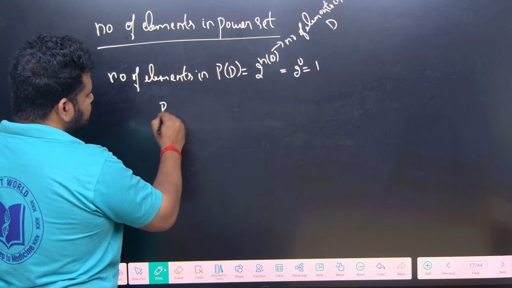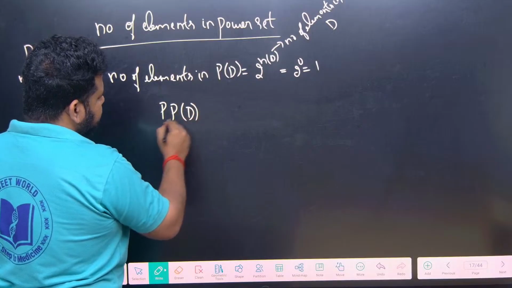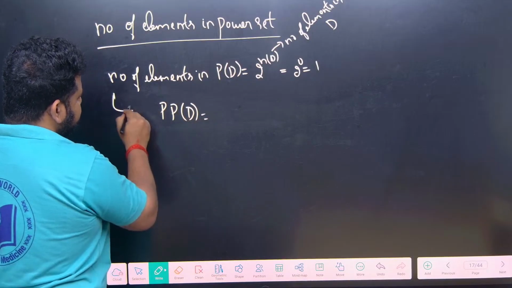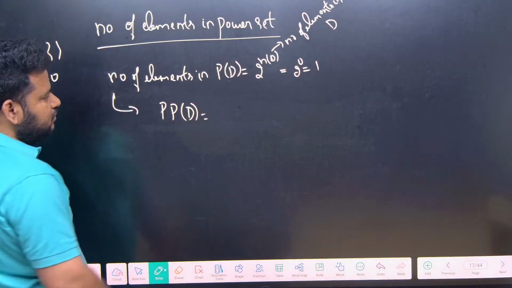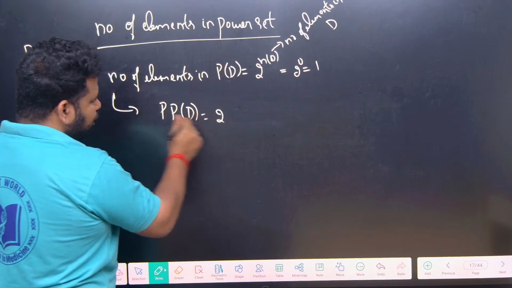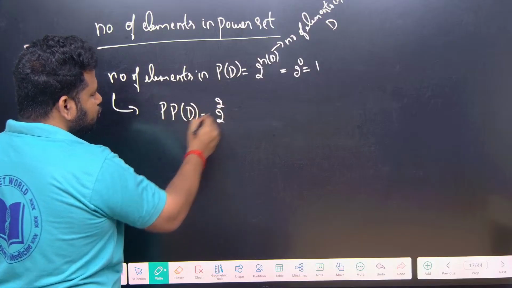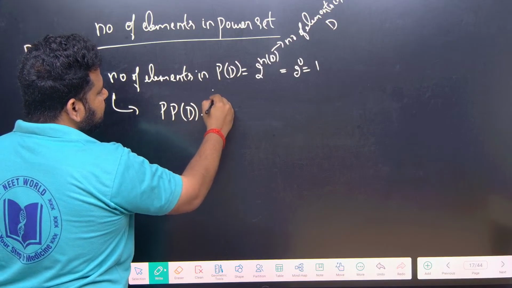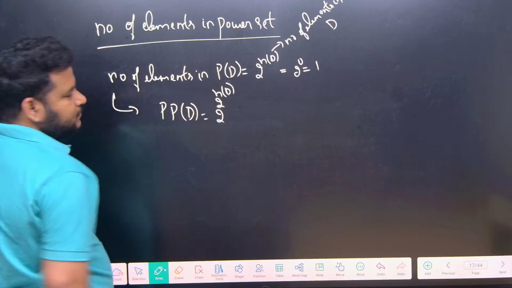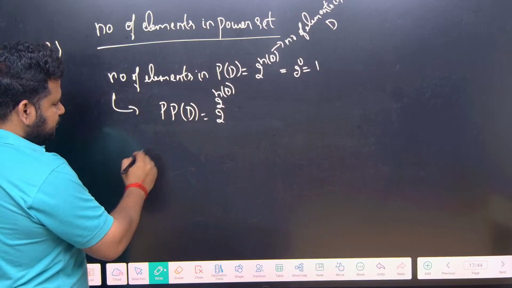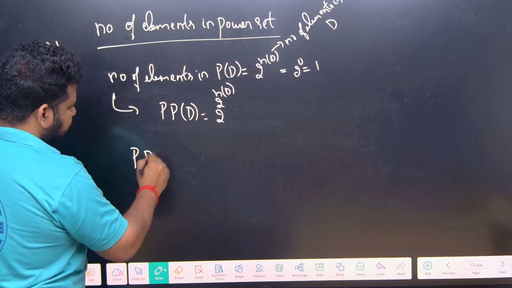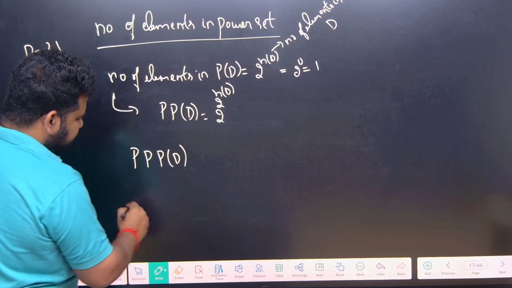What if they give power of power of d? If you want to find the number of elements here, what do you have to do? 2 power, how many P's are there? That many 2's you should write. So 2 power 2 to the power of n of d. Suppose they give P of P of P of d.